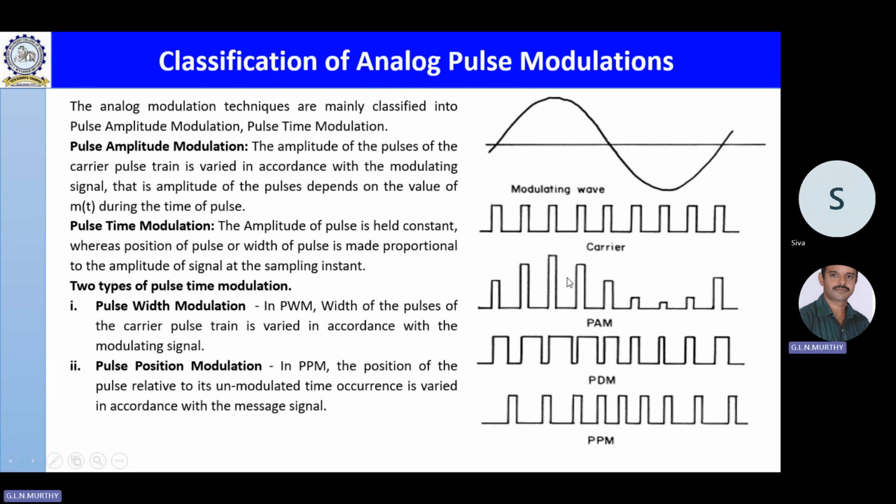In this one, the amplitude is changing. In the fourth waveform, the duration or the width is changing. That is why pulse width modulation techniques are also called pulse duration modulation techniques, PDM. Pulse duration modulation and pulse width modulation are the same.